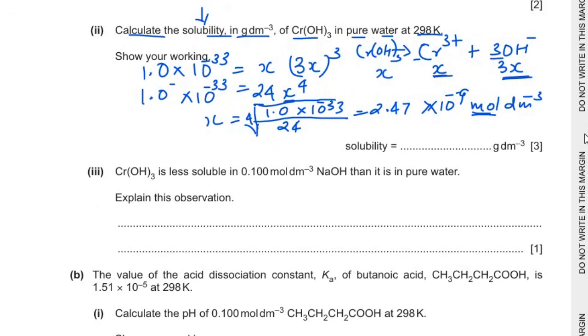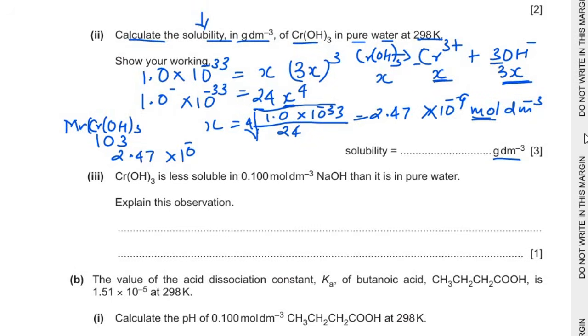Now we need to change it into grams per dm cubed, and for that we have to multiply by its Mr. Now what is the Mr of chromium hydroxide? We can calculate that in the rough, and we get the value as 103. So to find the solubility in grams per dm cubed, we need to multiply 2.47 x 10^-9 by 103.